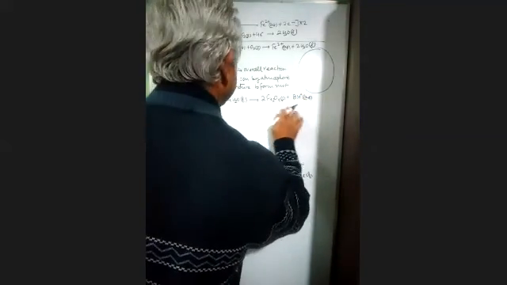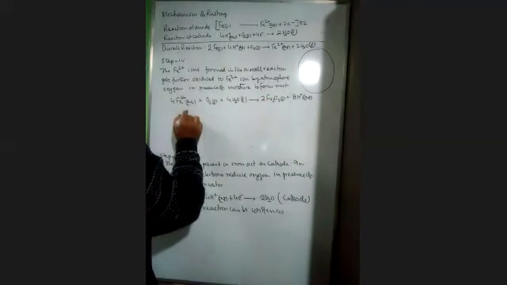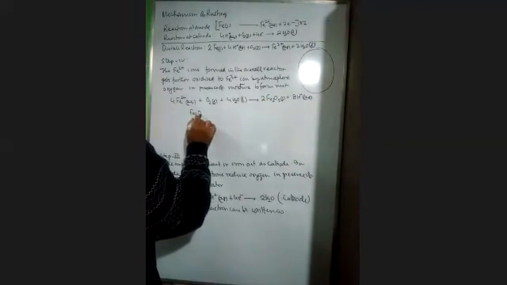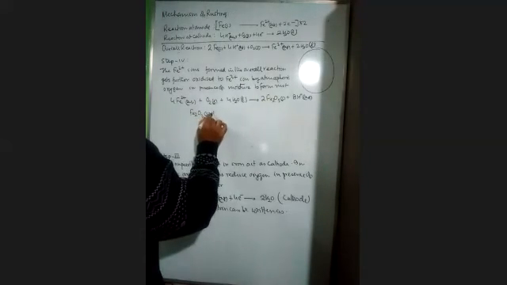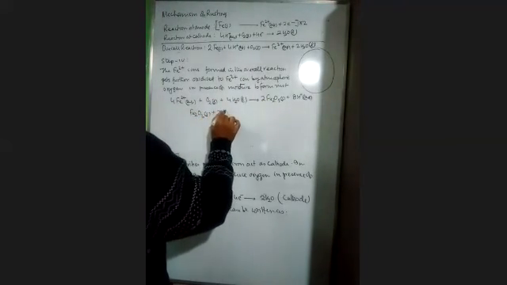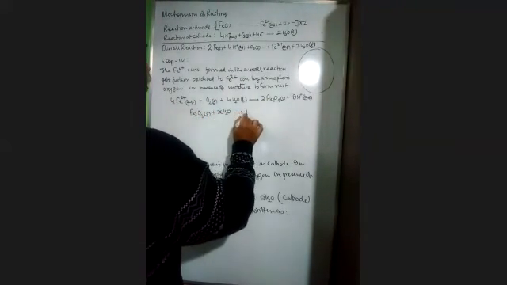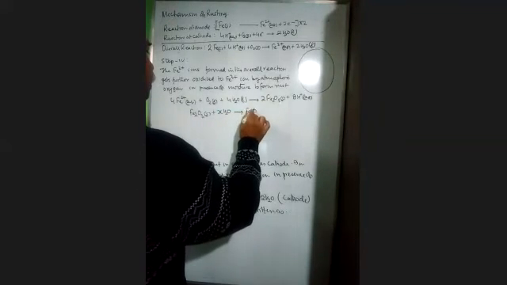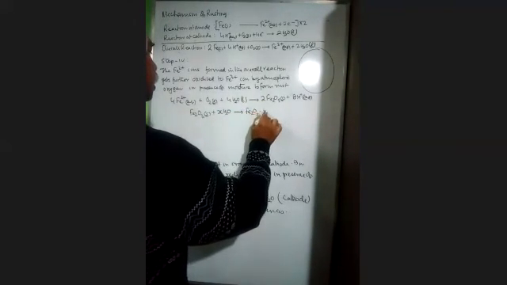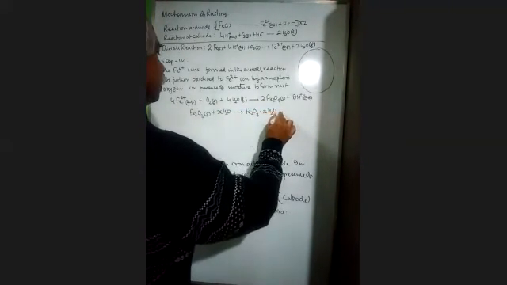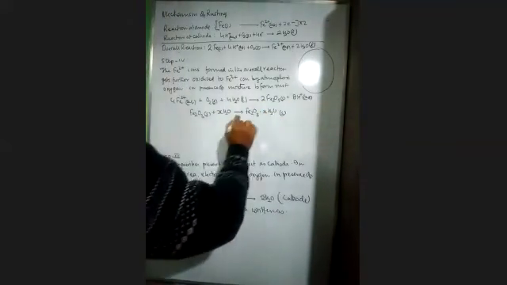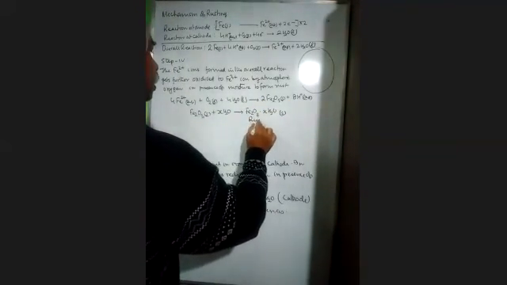Okay. Now first it forms Fe2 plus, and as it is present in water, it absorbs water. So now I'll write here: Fe2O3 plus xH2O gives Fe2O3.xH2O. But this is also solid. So this is the rust.